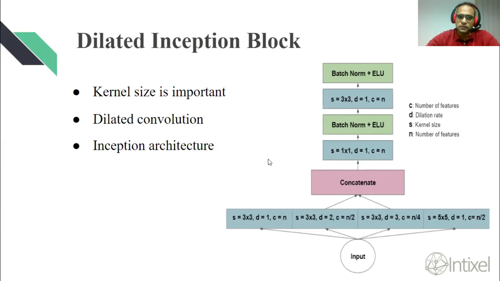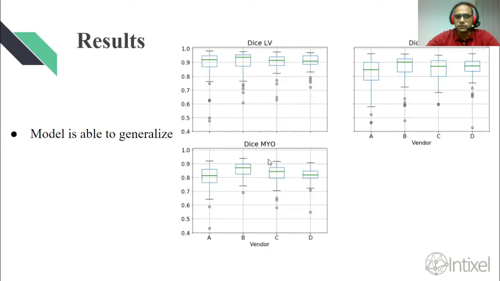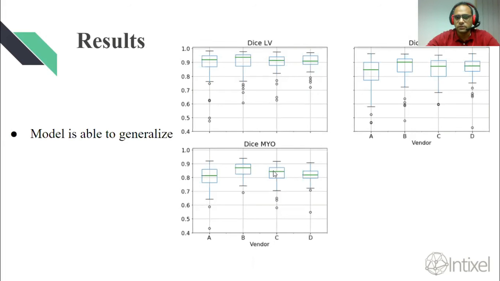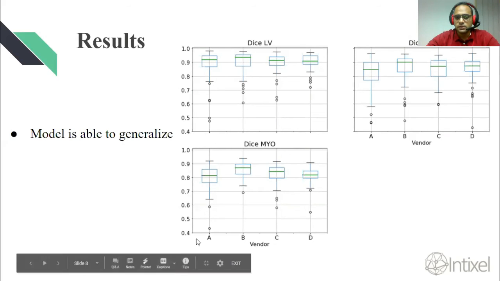The results of our model for our pipeline suggest that there is an ability to generalize over multiple vendors. For example, in this figure, we show the dice for LV, RV, and myocardium, and along the horizontal axis, we plotted each vendor.